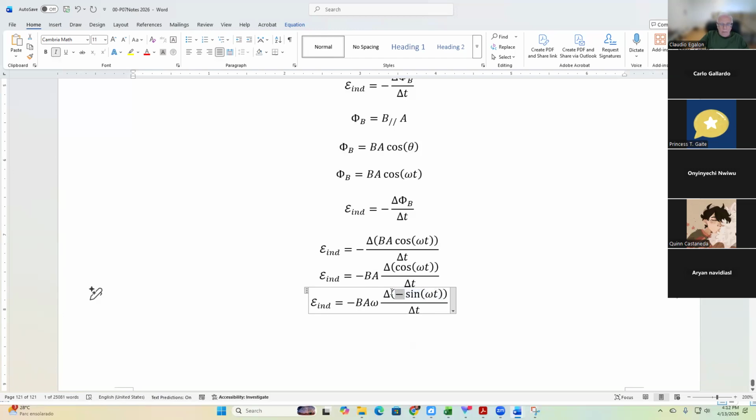And this negative sign cancels out with the other negative sign. If you have taken differential calculus, you'd know that.